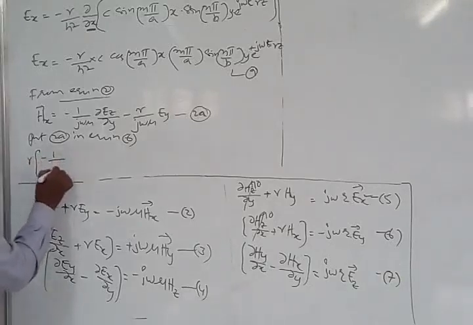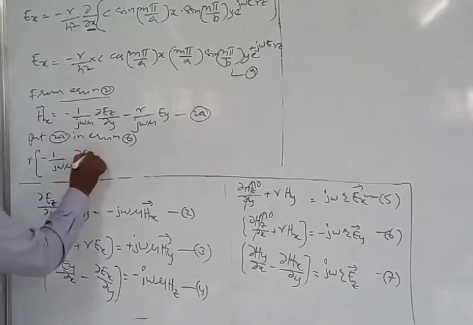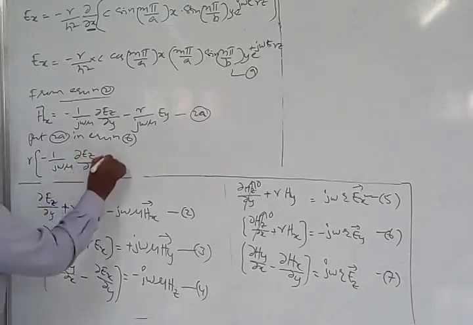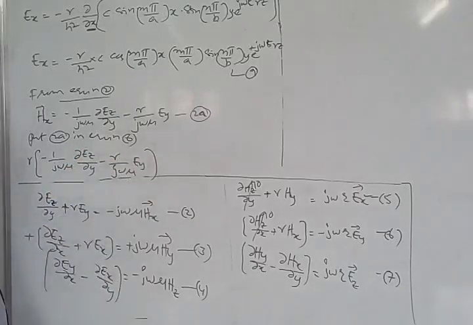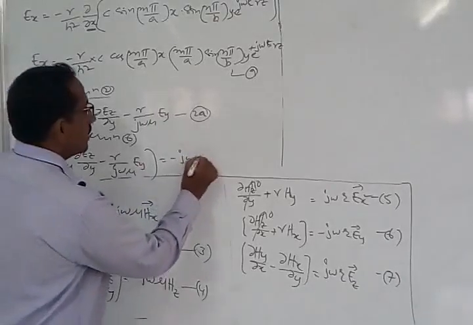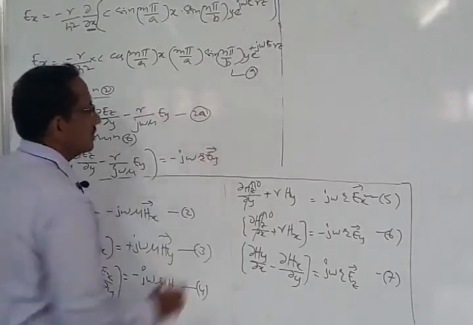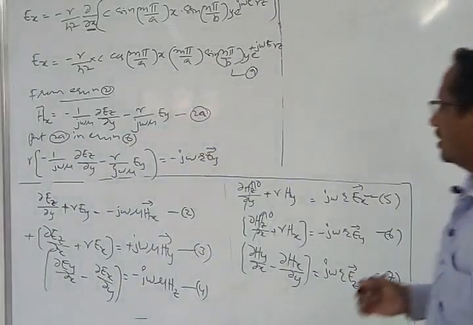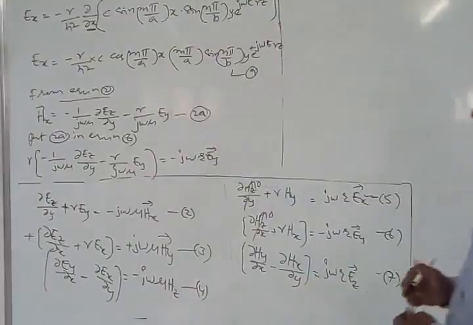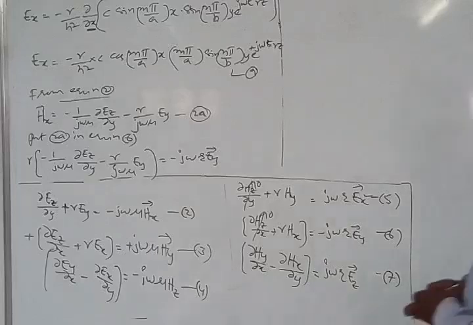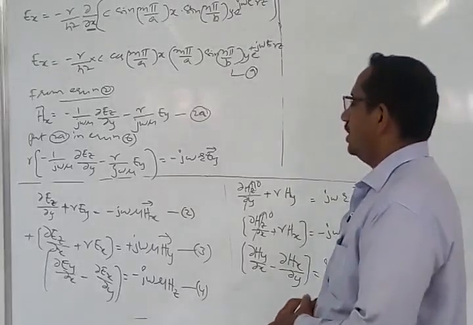It is going to be minus 1 by j omega mu dou Ez by dou y minus gamma by j omega mu Ey, and gamma Hx is equal to minus j omega epsilon Ey. So this is the equation we get. So let us solve this equation now. While solving the equation, we should get it in terms of Ey actually. So to get it in terms of Ey, what will I do now?